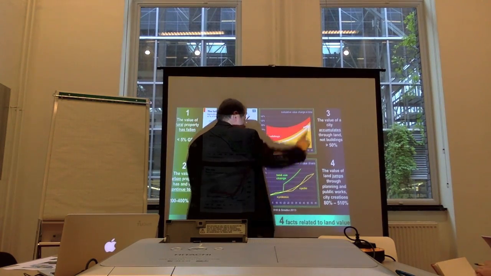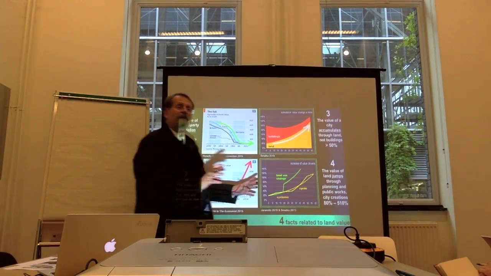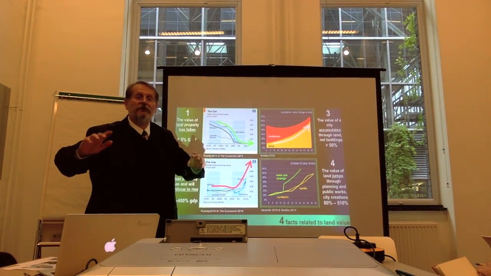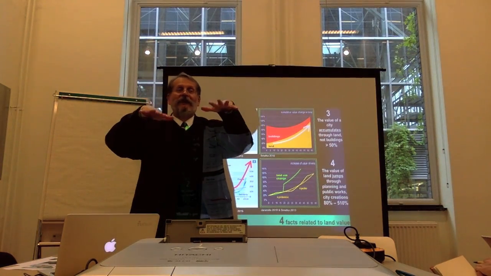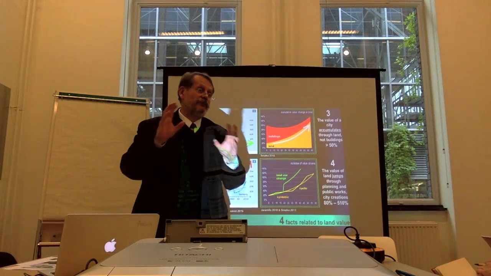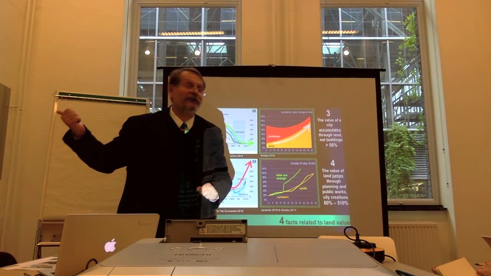The one I drew here has to do with the systemic, the overall structural way that land values increase. And that has to do with the relationship between supply and demand. Supply is fixed, we only have this earth, even if there are people that say there's a market on the moon already.